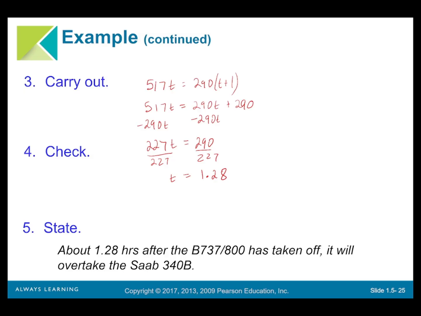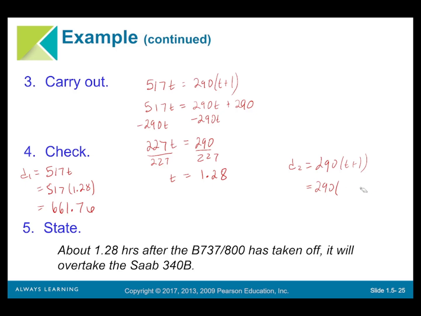Now, if we want to check that, remember our first distance was 517T. So that would be 517 times 1.28, which is, let me get the calculator, 661.76. Now to check the other one, D2, which was 290 times T plus 1. Well, that's 290 times 2.28, right? 1.28 plugged in for T plus 1.